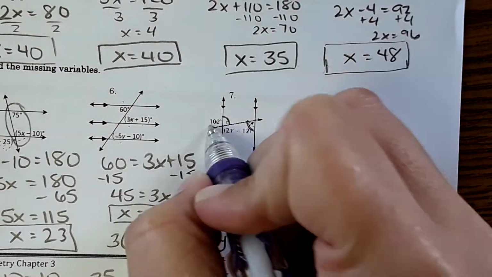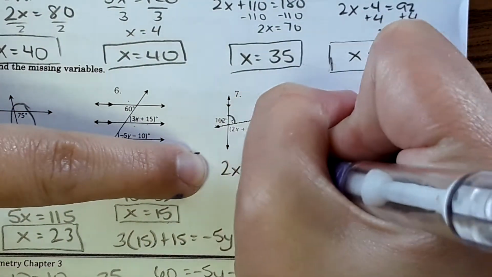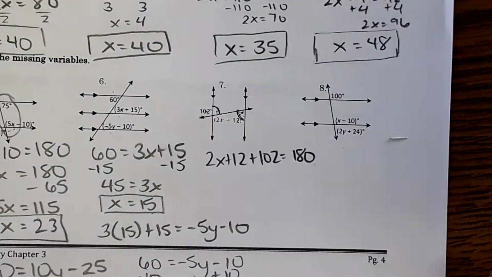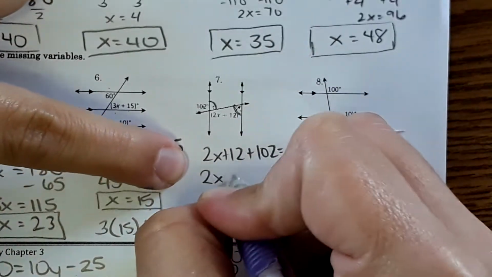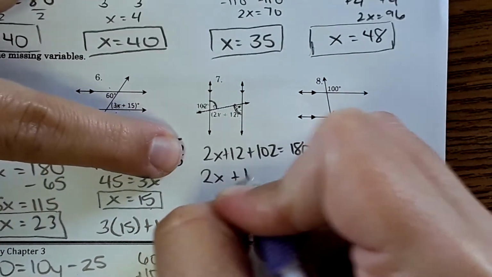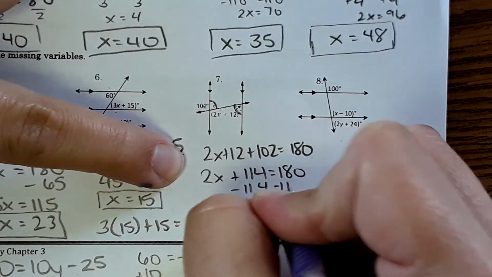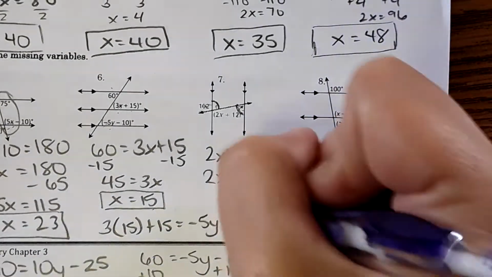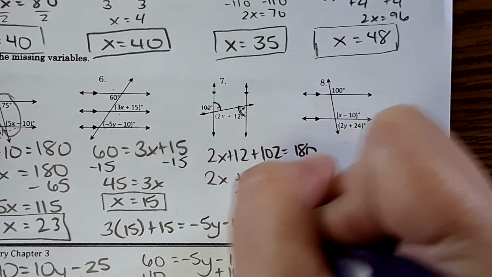So we could say that these two angles are supplementary. 2x plus 12 plus 102 equals 180, and we could solve it that way. So 2x plus 114 equals 180. And then x equals 33.